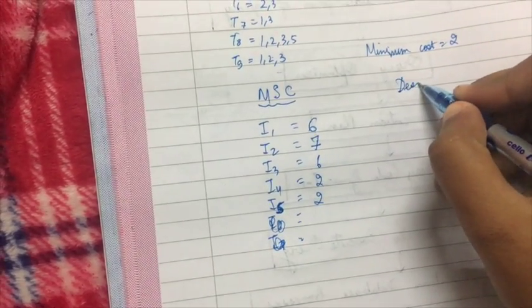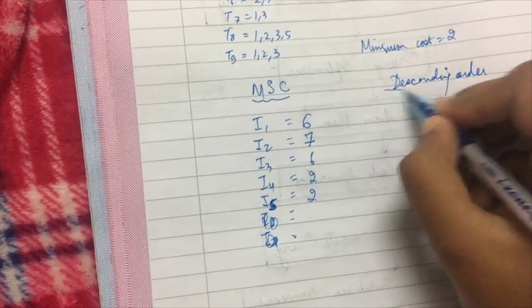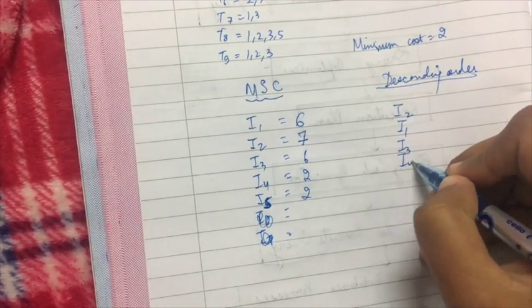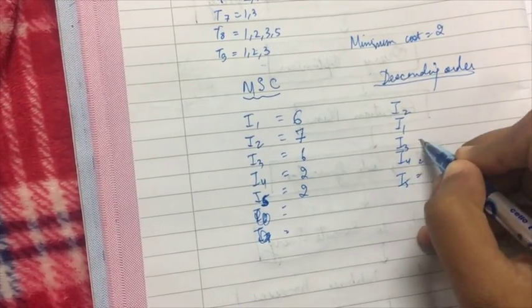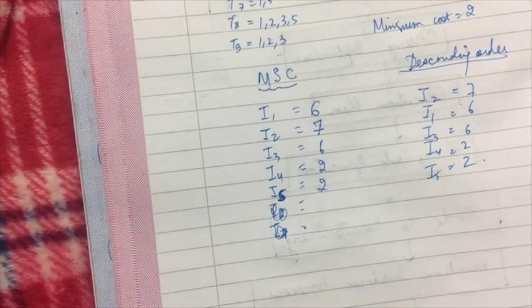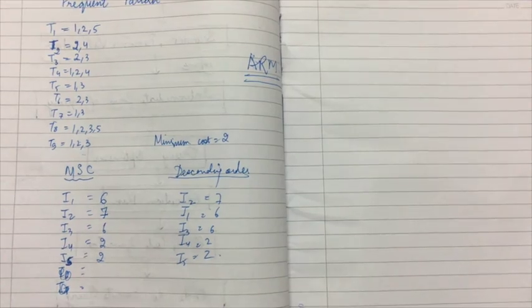Okay. So now I will arrange them in descending order. So I have I2, then I1, then I3, then I4, and then I5: 7, 6, 6, 2, 2. Now what I have to do is make an FP tree.